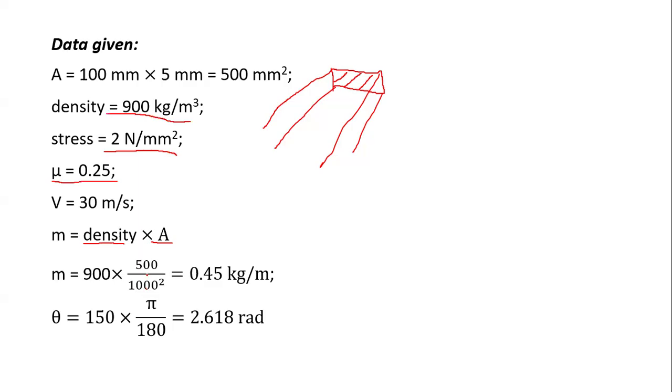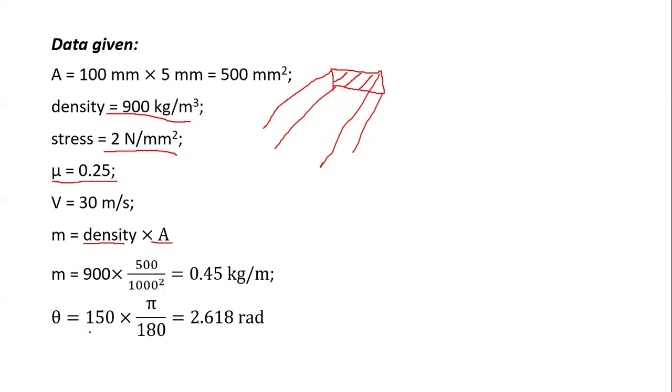Converting to square meters, we divide by 1,000 squared. So 500 divided by 1,000 squared. When we multiply by 900, we get 0.45 kg per meter, because we're talking about the mass per meter, mass per unit length.